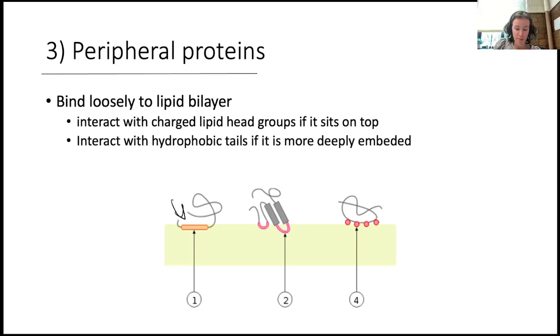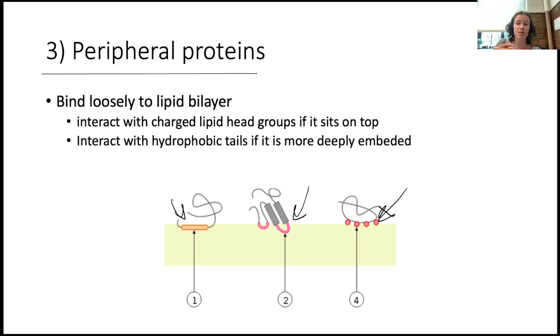Maybe just, for example, an alpha helix is slightly embedded and interacting with the lipid heads or the phosphate groups. Maybe a turn or a loop is just dipping down into that bilayer a bit. Or maybe it sits right on top and we have some ionic or ion-dipole interactions between our groups and the phosphate or X groups on these lipids.